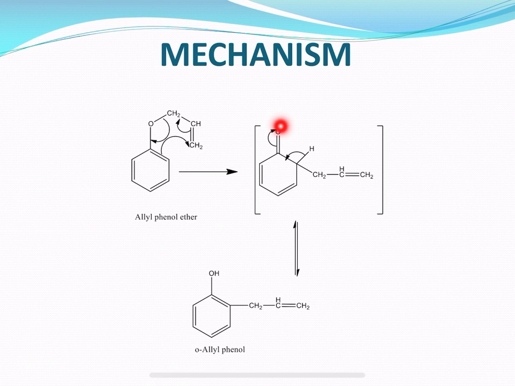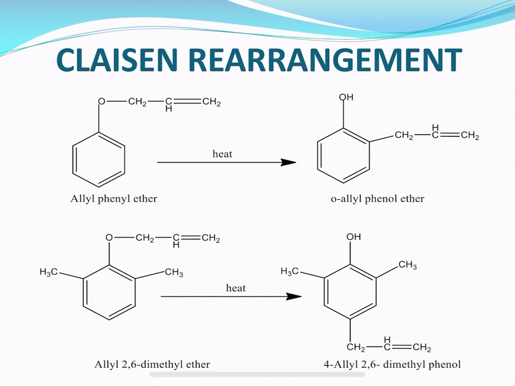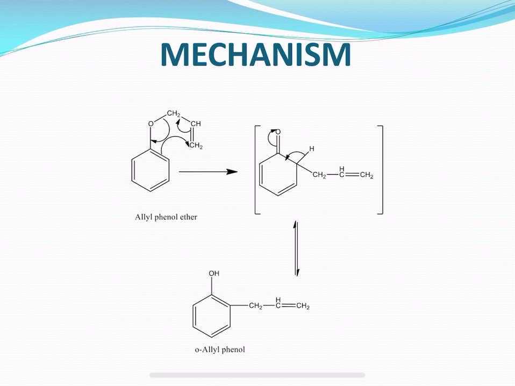That means the lone pair of electrons will be present at the oxygen, and this will attract the hydrogen, thereby it gets converted into a hydroxyl group. Okay, and this is the final product what we are going to get, and this is the ortho allyl phenol.